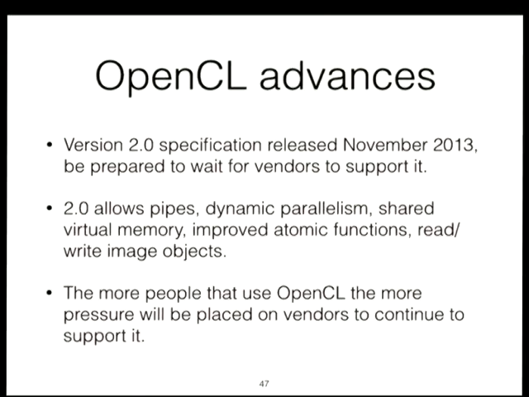Also, the latest spec of OpenCL came out 2 months ago, version 2.0. It allows pipes, dynamic parallelism, shared virtual memory, atomic functions, and read-write image objects. Lately, NVIDIA seem to be pulling support from OpenCL.